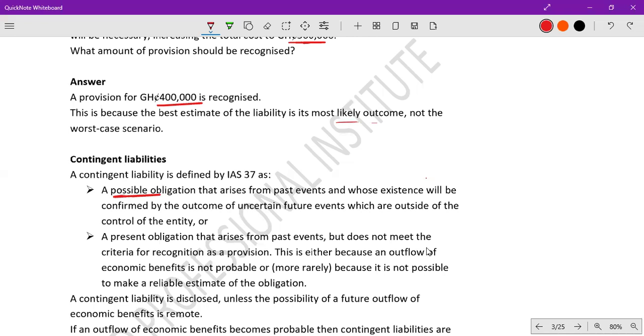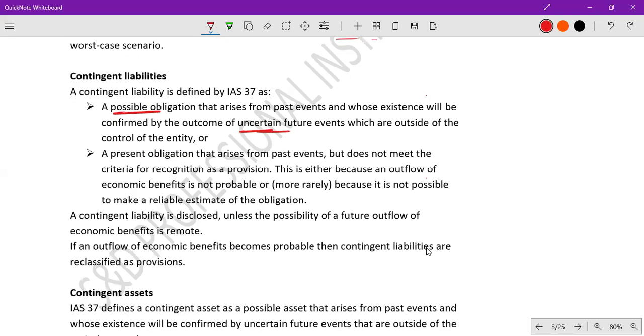This is a possible obligation that arises from a past event and whose existence will be confirmed by the outcome of uncertain events, which are outside the control of management. Or it can also be a present obligation that arises from past events, but does not meet the criteria for a provision.